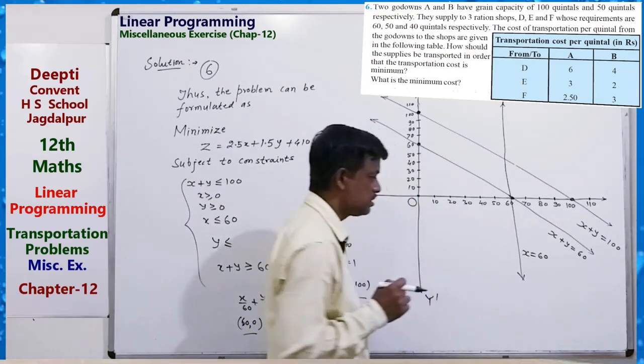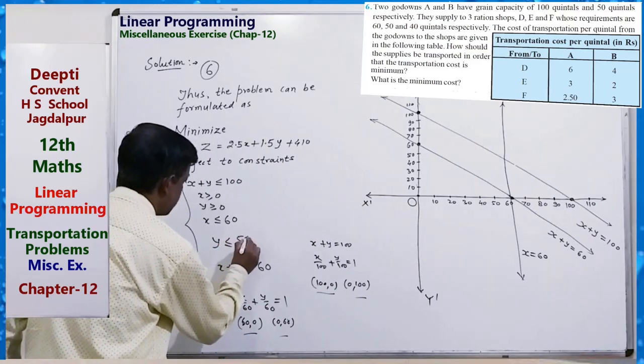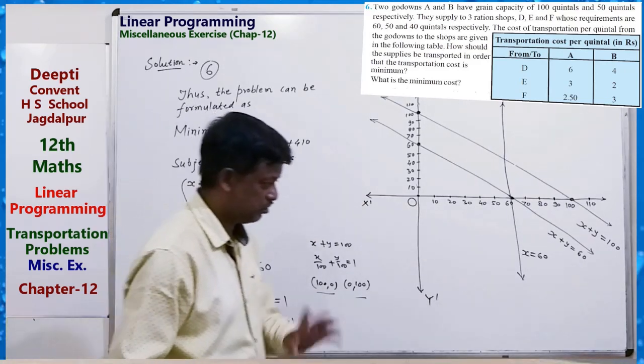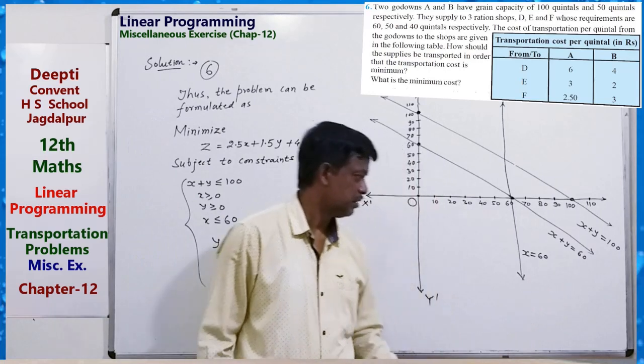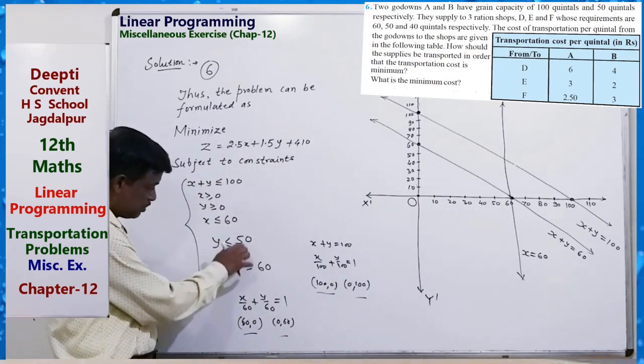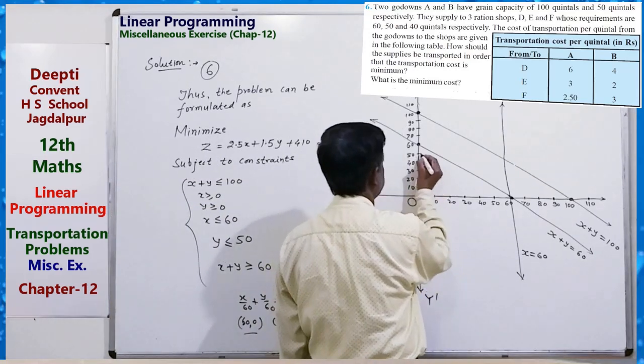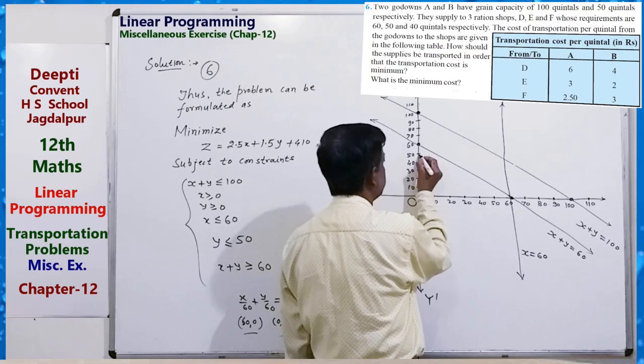Not 50, y is less than or equal to 50. X is less than or equal to 60, y is less than or equal to 50. So y equals 50 also you have to draw. So y equals 50 is this line, from here.